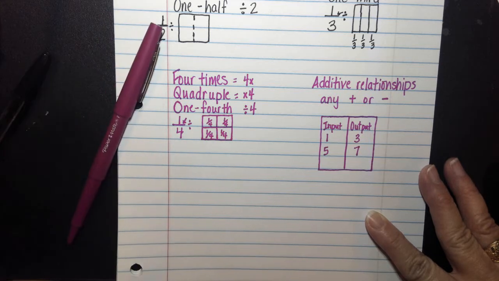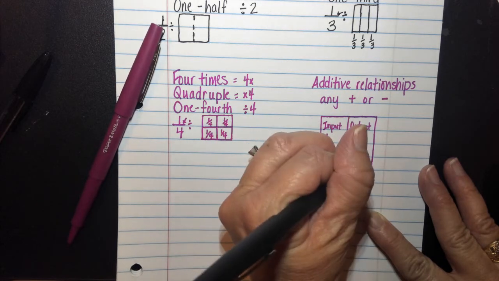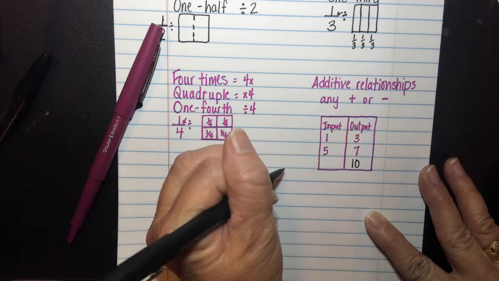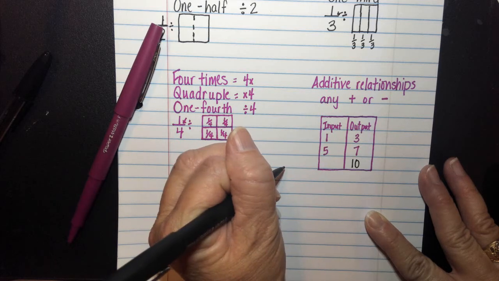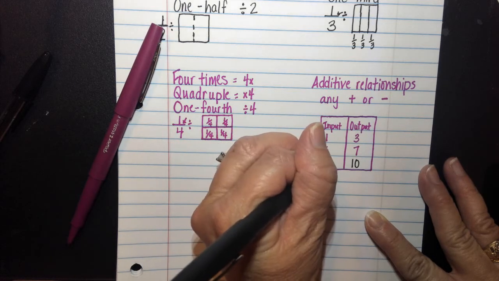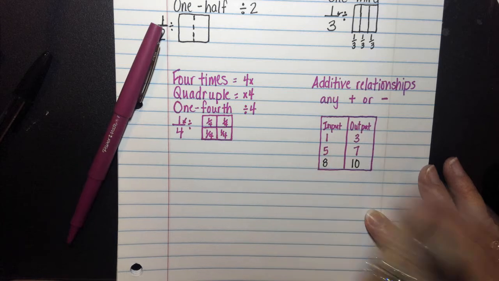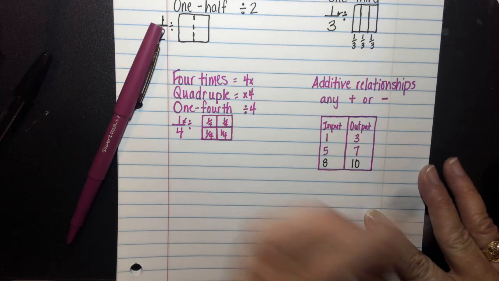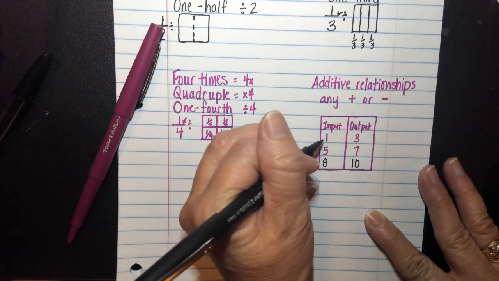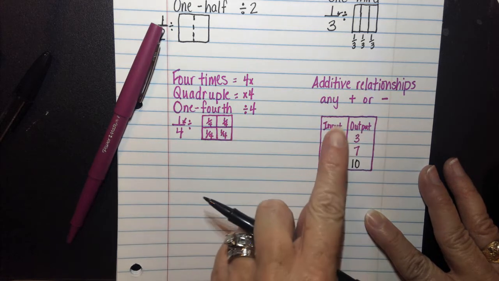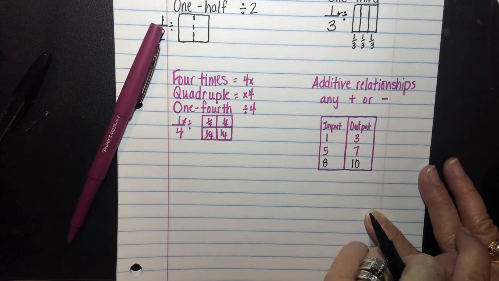And I might even think about the output as 10 and the input being the number 8. So when I think about how are these related, I have to think about what action or what relationship is happening between input and output.